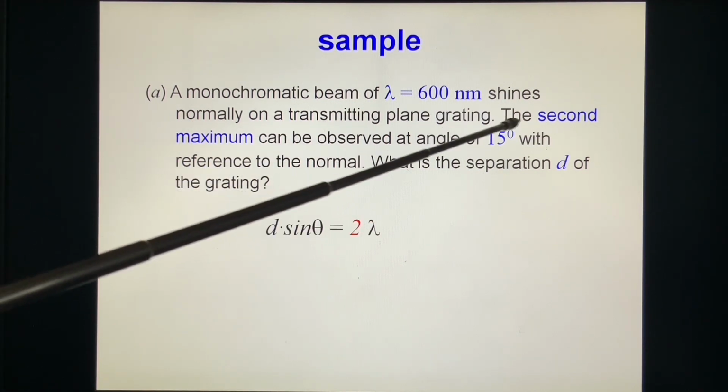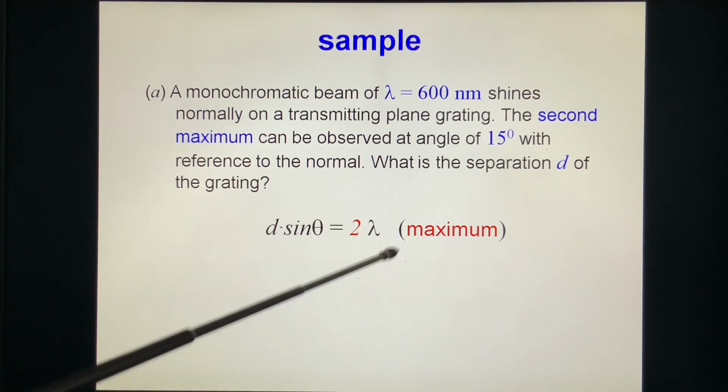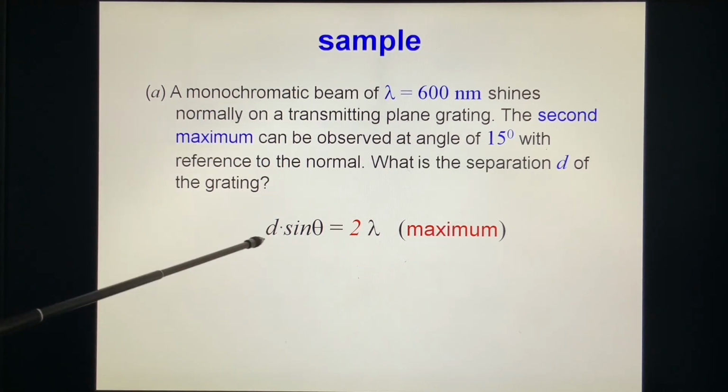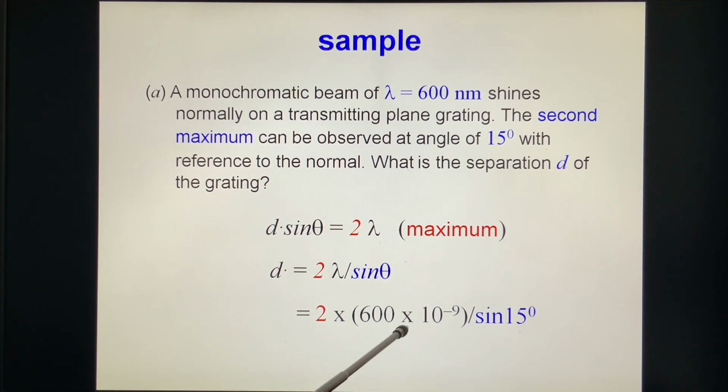We know this is the second maximum, so it satisfies d sine theta equals 2 lambda. Theta is 15 degrees, lambda is 600 nanometer, so you can find d easily. It's very straightforward. You have to use meter as the unit. So we get d is 4.6 times 10 to the minus 6 meter.